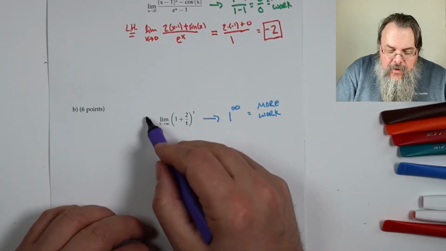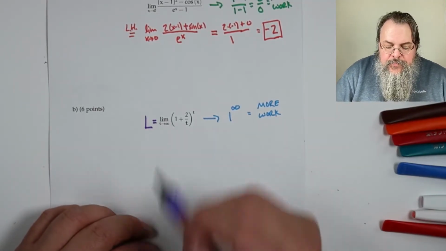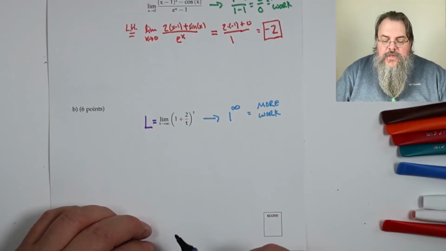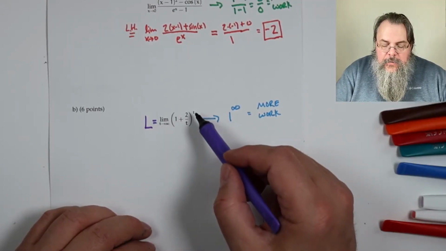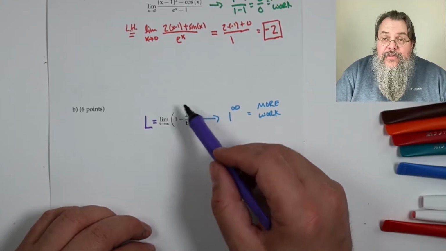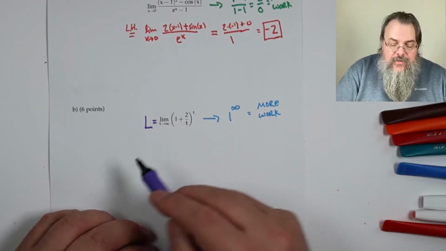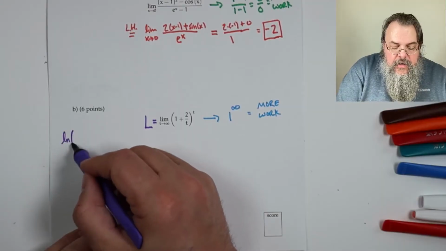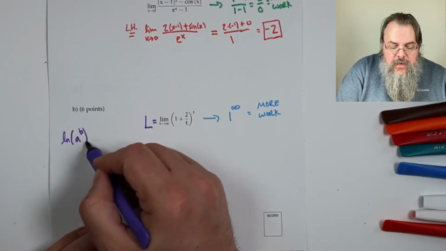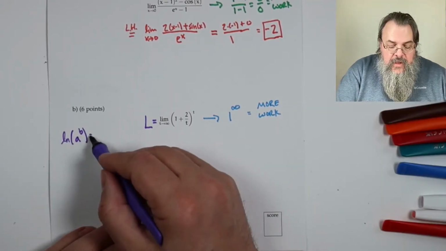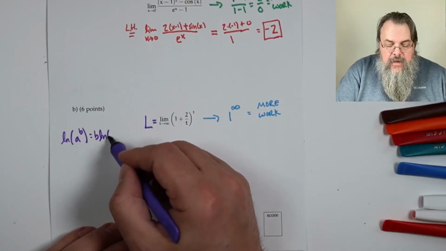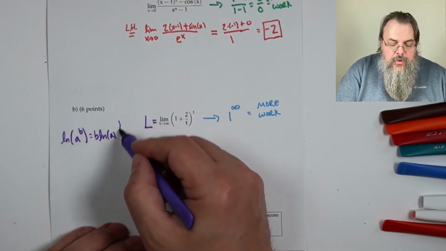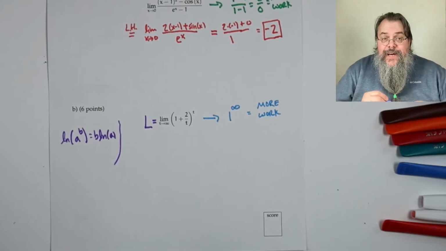Well, let's call our answer L. And now there's a really convenient way to bring exponents down, and that is to use the log, right? So log of a to the b is b log a. So we can pull exponents down.